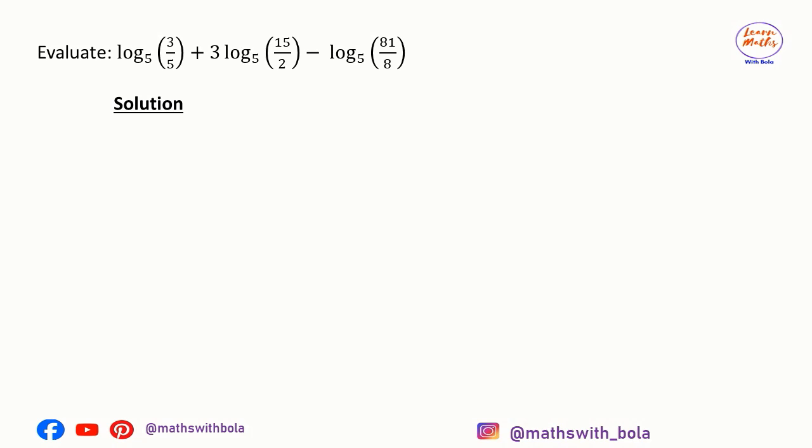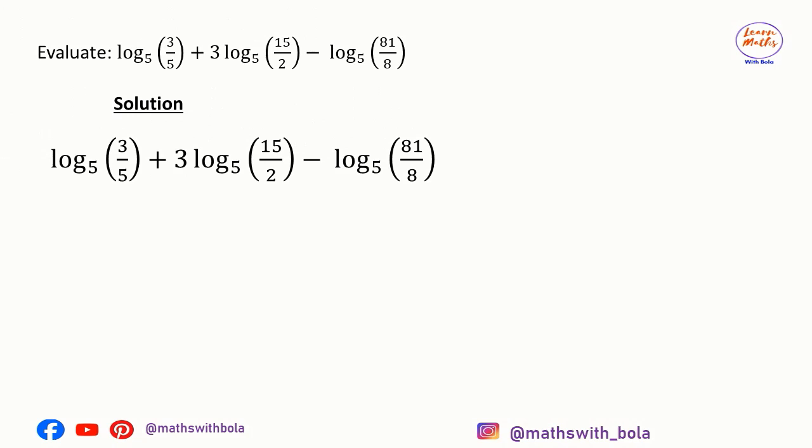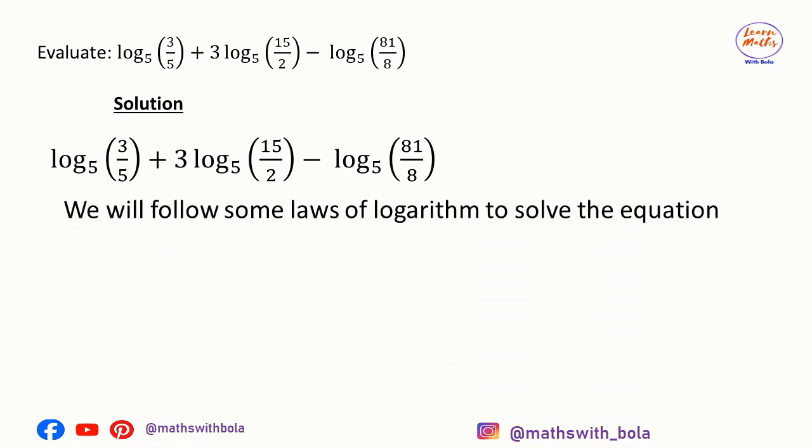So we can solve this question in two ways, and I will take my time to explain both methods. Now we can start by following logarithm rules. One of the rules says that m log ab is the same thing as log ab raised to power m.